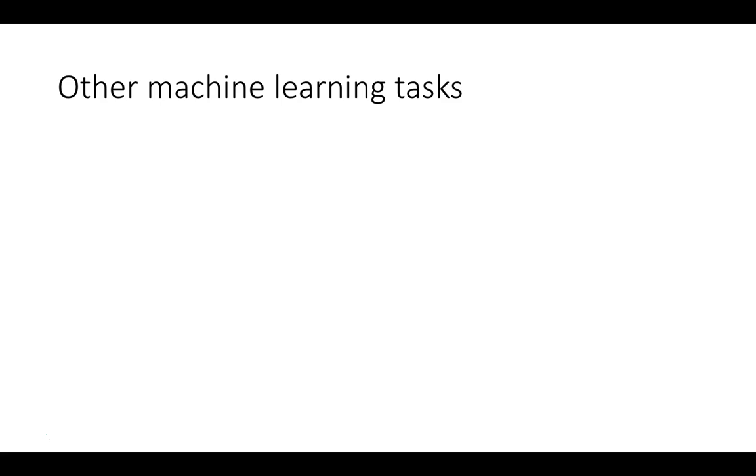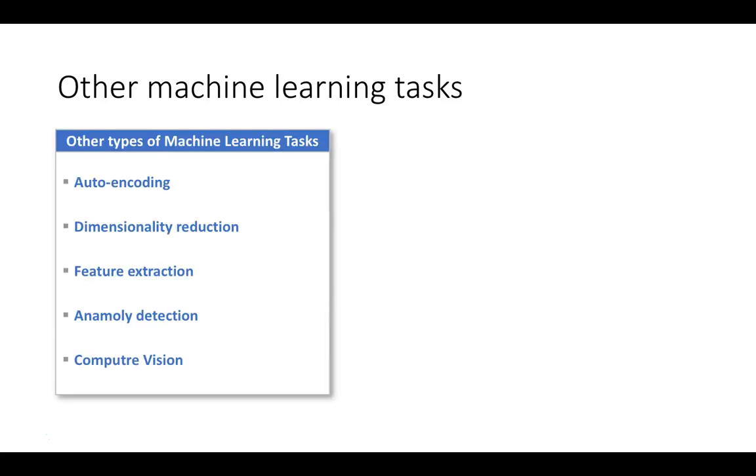There are other machine learning tasks as well, such as autoencoding, dimensionality reduction, feature extraction, anomaly detection, and computer vision. These are a variety of ML tasks, and some of them are built on top of the first three.